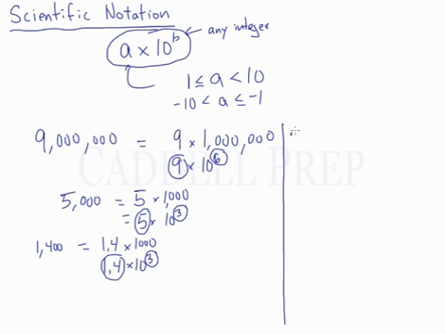For example, 0.0006. Okay, let's look at this. This is tenths, hundredths, thousandths, ten-thousandths. This is really 6 ten-thousandths. So this is really 6 over 10 to the 4th.